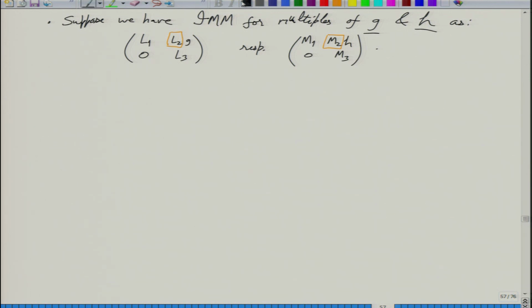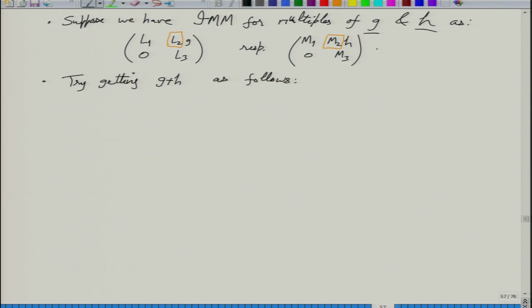And L1, L3, M1, M3 are garbage polynomials. We don't care about them. So now using these two matrices, can you get, by doing matrix product, a multiple of G plus H? So try getting G plus H as follows.